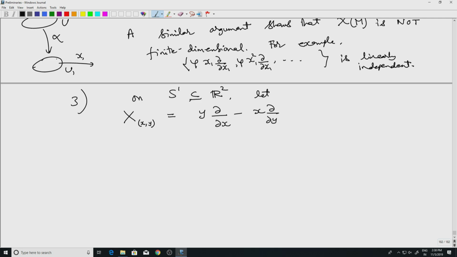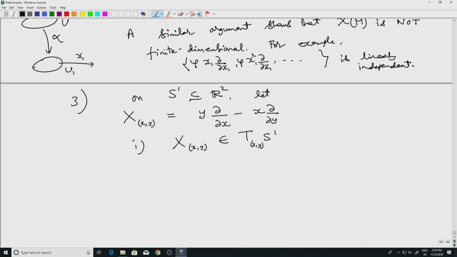This right hand side is a well defined vector field on R2 and it's smooth there, but is it smooth on S1? Now first let's check that this is indeed, so first point is x at xy should belong to the tangent space at the point xy to S1.